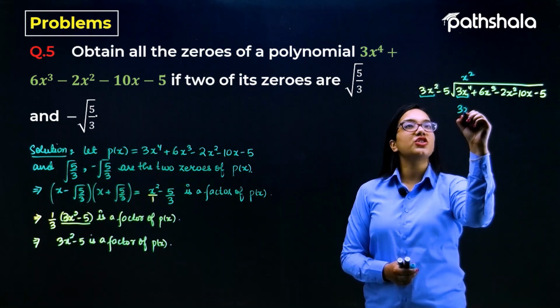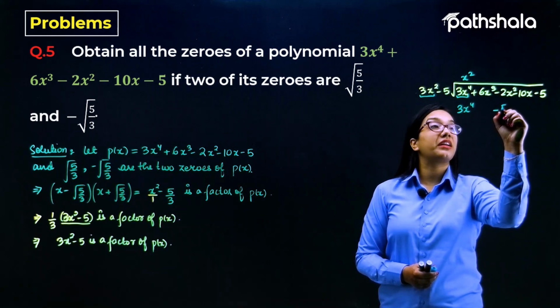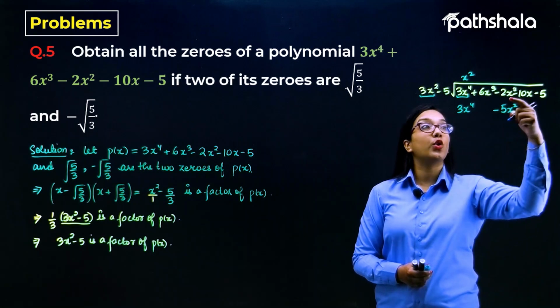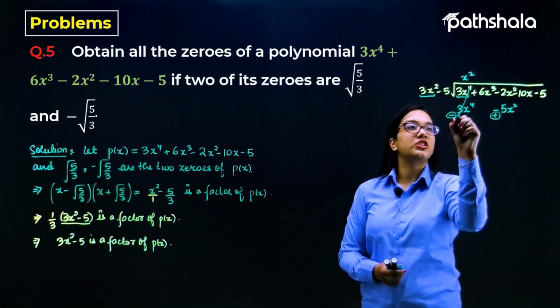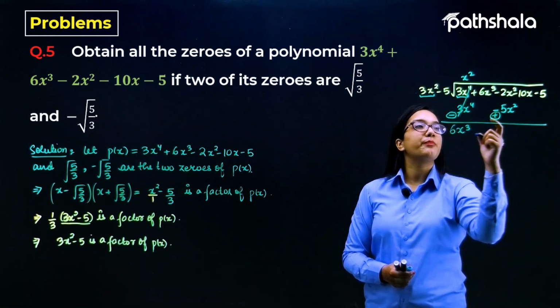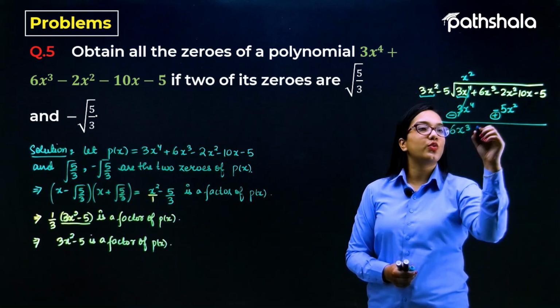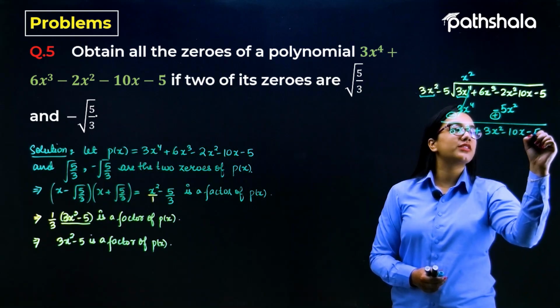It will be 3x raised to the power 4 minus 5x square. I write minus 5x square below the term 2x square. The signs change, and the 3x to the power 4 terms get cancelled. We get 6x raised to the power 3 plus 5x square minus 2x square, which is plus 3x square, minus 10x minus 5.